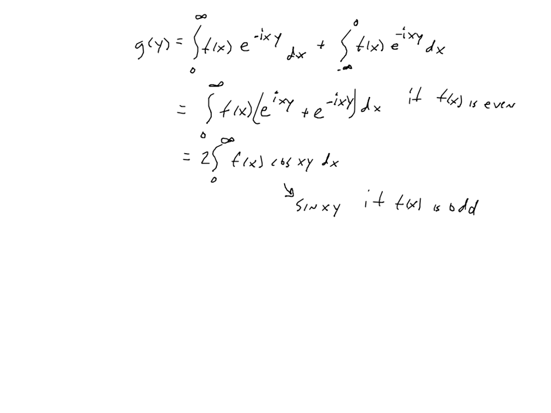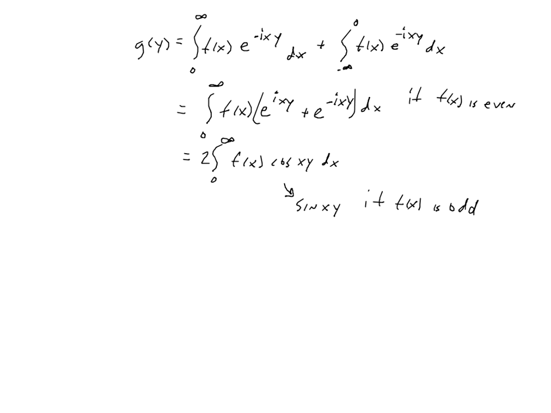And so what this tells us is that because f of x is even, and you have a cosine term here which is even, you're going to end up with a g of y which is even.